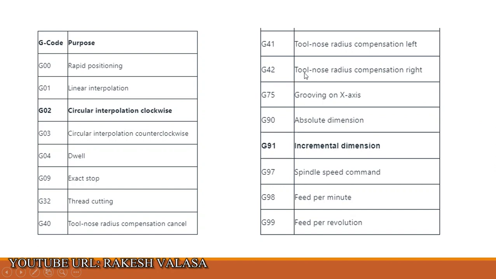G42 tool nose radius compensation right. G75 grooving on x-axis. G90 absolute dimension. G91 incremental dimension. In the given question G91 is given, that is incremental dimension. G97 means spindle speed command. G98 feed per minute. G99 feed per revolution. So the correct answer is option 1.